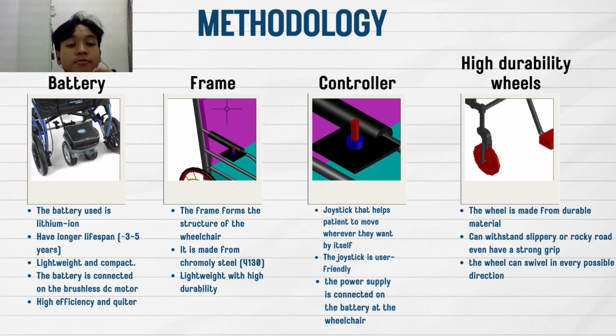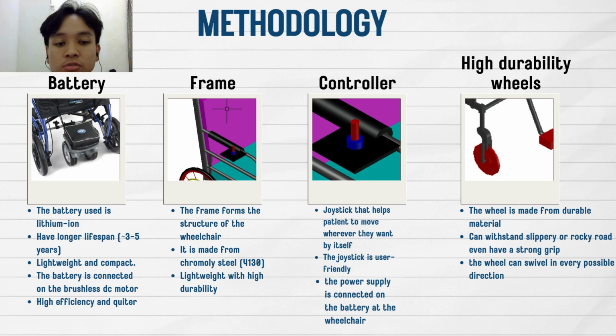Our methodology involved carefully selecting components to build a highly efficient, durable, and user-friendly wheelchair. Let's look at the key elements involved in its design and construction. For the battery system, the battery is a critical component of the wheelchair, ensuring power and efficiency. We use a lithium-ion battery because it is known for its longer lifespan of approximately 3 to 5 years.